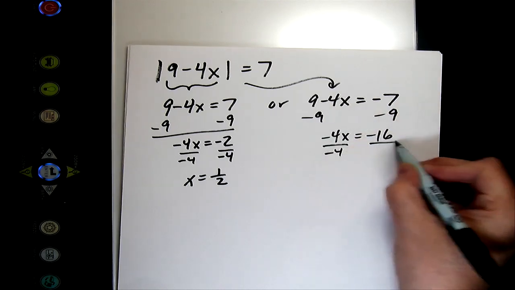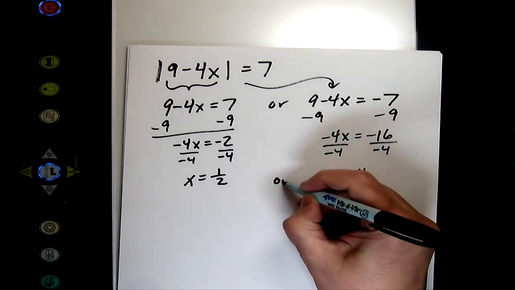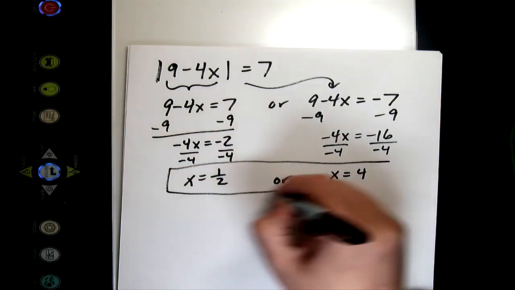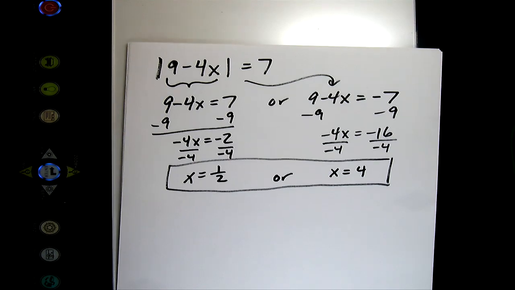And I divide by -4, I get x equals 4. x equals 1/2 or x equals 4. Those aren't too bad. You just have to solve two linear equations.